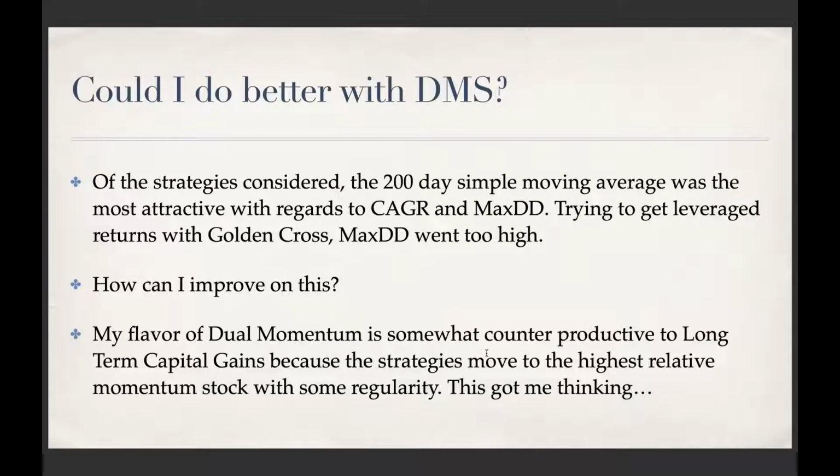So I didn't really go into it on the slide, but why not just go with the 200-day moving average? Well, the answer is I was trying to boost the returns, not necessarily with smart leverage like I've done in my other strategies, but I wanted to be able to get a little more leveraged when it was in your favor.